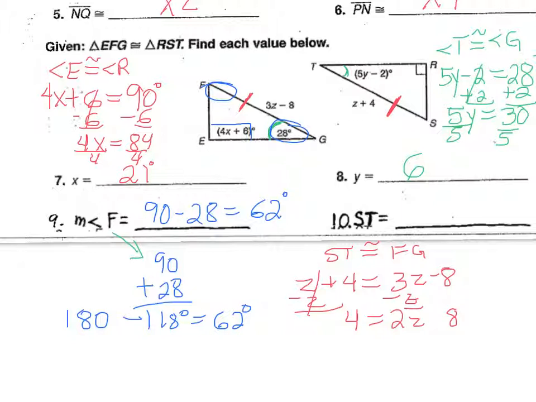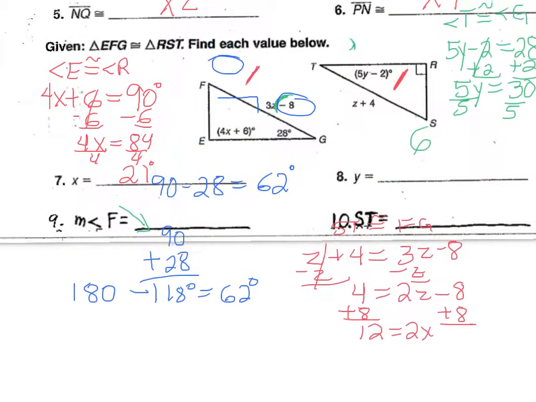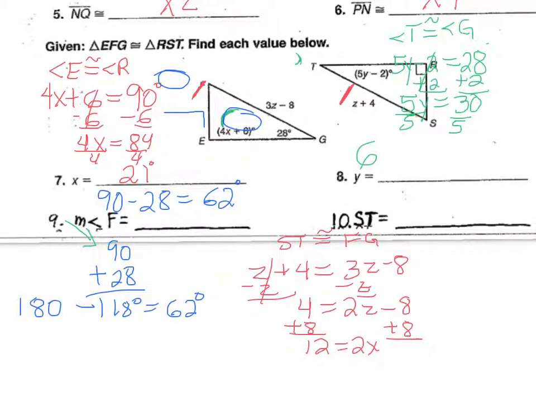Okay, so you add 8, and when you add 8, that's 12. And that would be 6. Well, 6 would be just the x, isn't it? Okay, so then since x is equal to 2, oh, the z, I changed the letter.